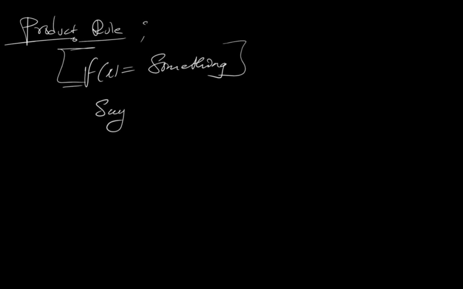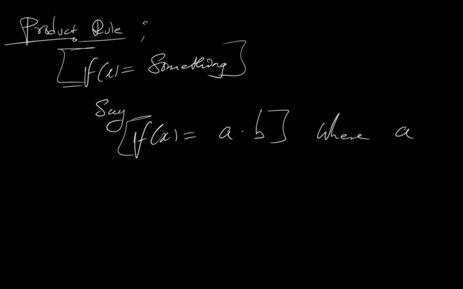Say you have a function, not f of x is equal to something, but a function f of x being equal to a times b. Now in this case, a and b are simply functions.